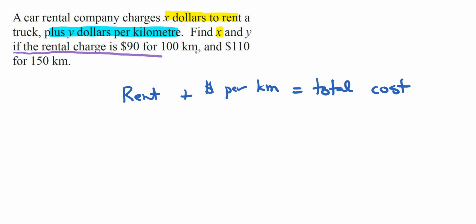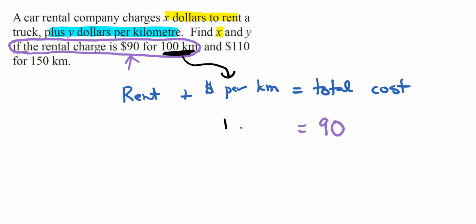The rental charge is $90 for 100 kilometers. So your total cost is 90 for 100 kilometers, right? So you drove 100 kilometers, and we're going to charge you per kilometer.